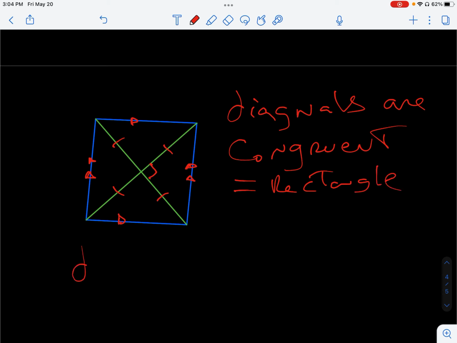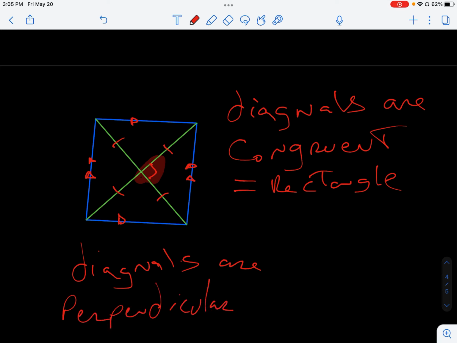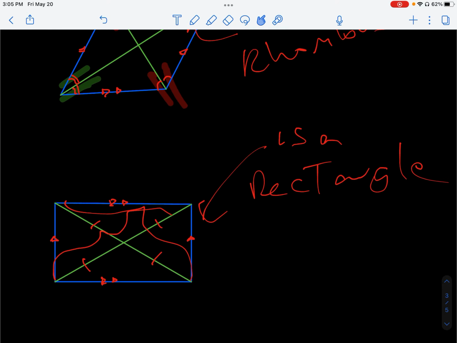But then we also have this little guy right here, so the diagonals are perpendicular. That equals a rhombus. So what do we have going on here?